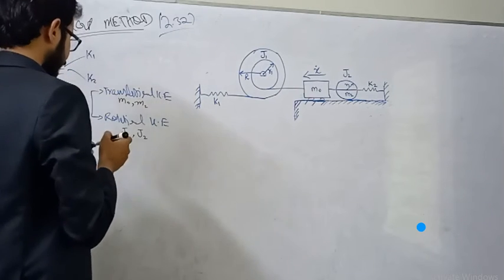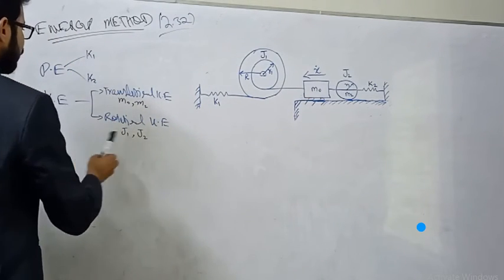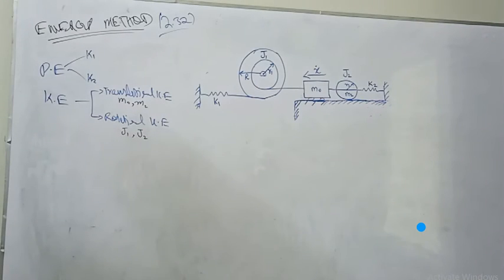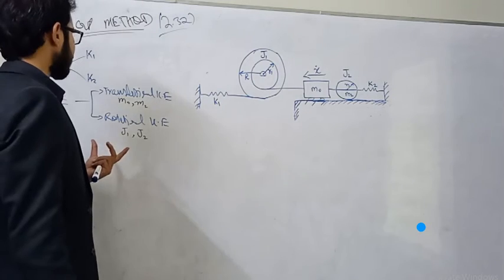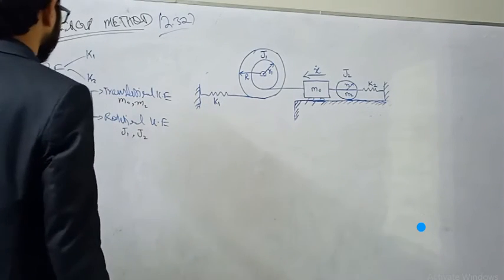So we know that translational kinetic energy is because of two elements, and rotational kinetic energy is because of two elements. So the elements contributing towards the total kinetic energy are four basic kinetic energy elements that will add with each other for the total kinetic energy.